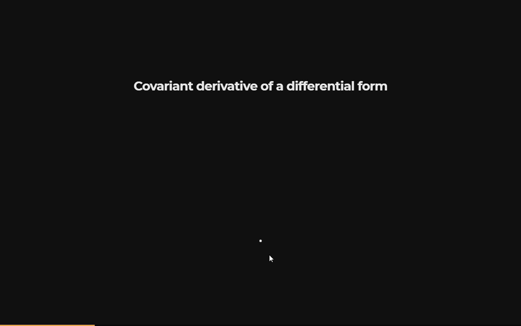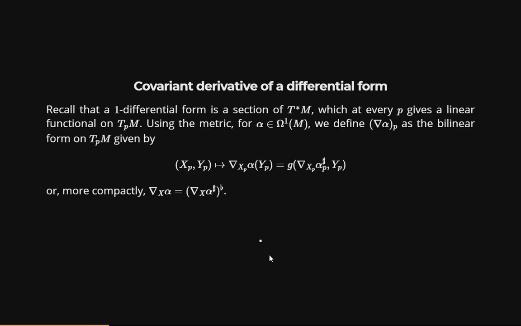Now, we can define also everything for a differential form, as I was saying at the start of the previous lecture. I won't be going into much detail again, but a differential form is a section of T*M. So at every point you get a linear functional on the tangent space at that point.